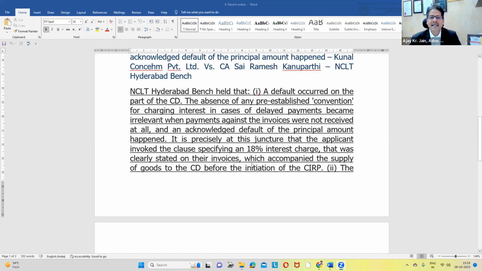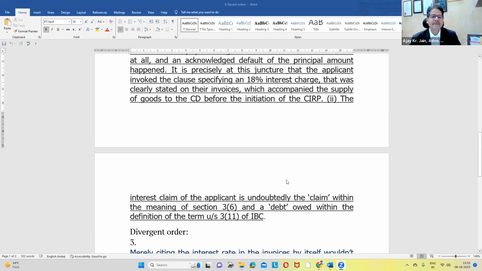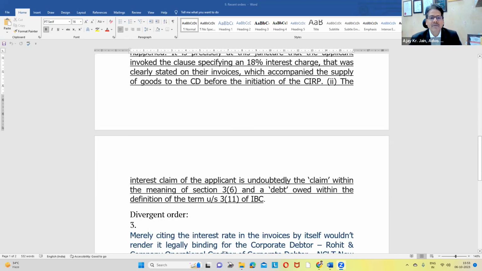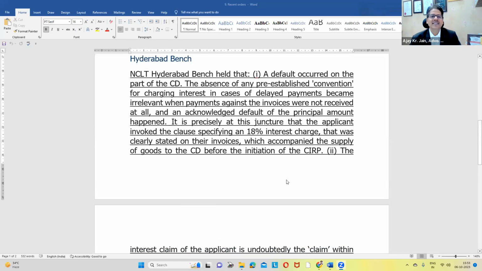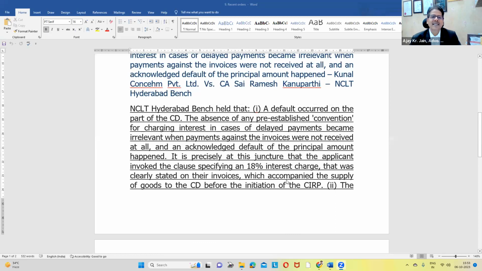It is precisely at this juncture that the applicant invoked the clause specifying an 18% interest charge that was clearly stated on their invoice, which accompanied the supply of goods to the CD before the initiation of the CIRP. Second, the interest claim of the applicant is undoubtedly a claim within the meaning of section 3(6), a debt owed within the definition under section 3(11) of the IBC. So this is the order of NCLT Hyderabad.